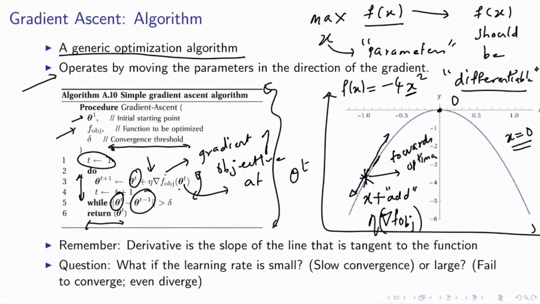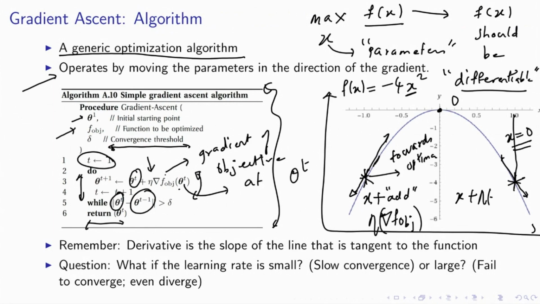Let's say instead of starting at that point, you had started at this point. In that case, if I draw a tangent, the slope of the tangent is negative. If I started at something like 1.0, I would have subtracted some number from 1.0, because the slope is negative.